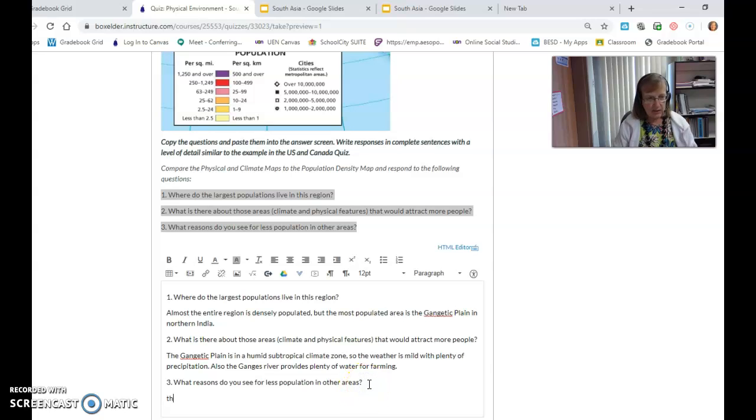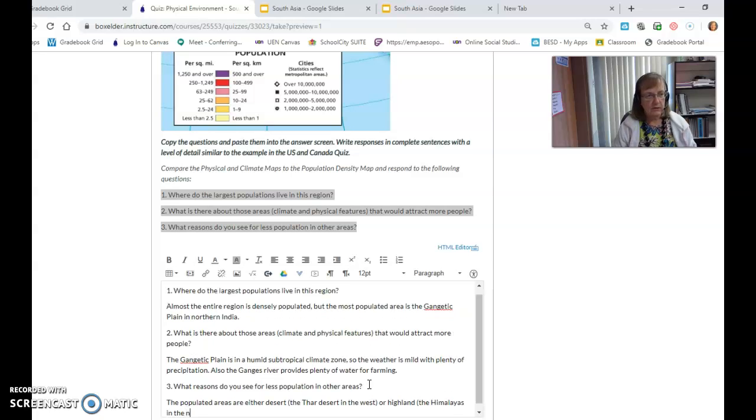I would say the less populated areas are either desert, the Thar Desert in the west, or highland, the Himalayas in the north.